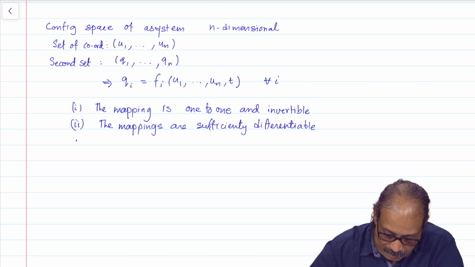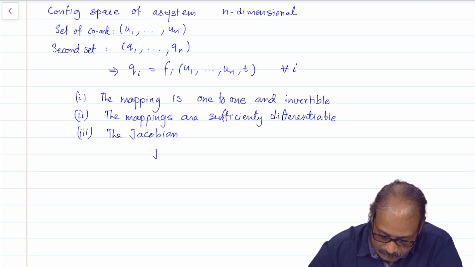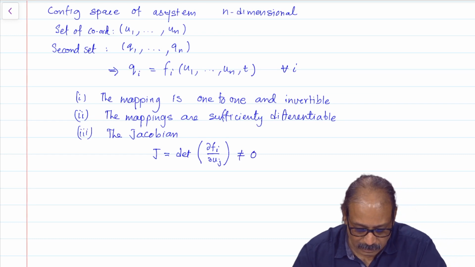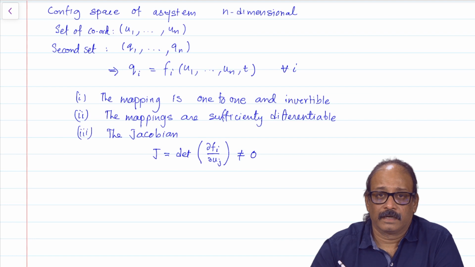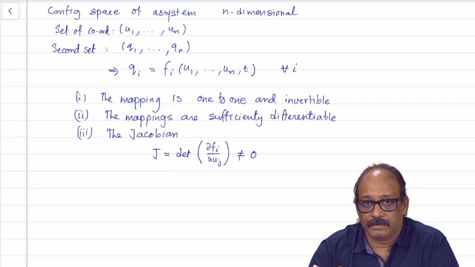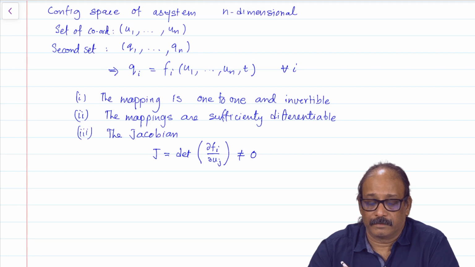And finally, that the Jacobian, which is defined as J, equal to the determinant of the matrix formed by del Fi del Uj, must be non-zero. This is actually a necessary condition for the first condition. Okay. And in that case, we say we have transformed the coordinates to generalized coordinates q1 to qn.